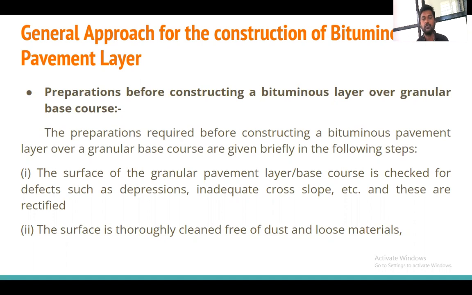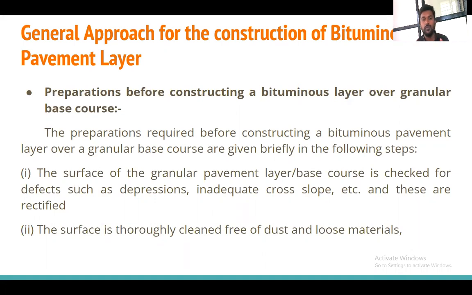The preparation required before constructing the bituminous pavement layer over the granular base course is given briefly in the following steps. The surface of the granular pavement layer is checked for defects such as depression, inadequate cross slopes, etc. And these are rectified.